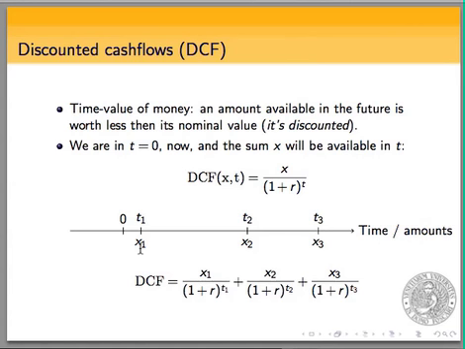So basically you just have to sum the discounted cash flows of the three entries here.